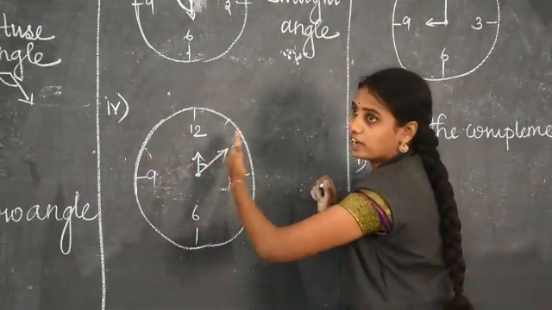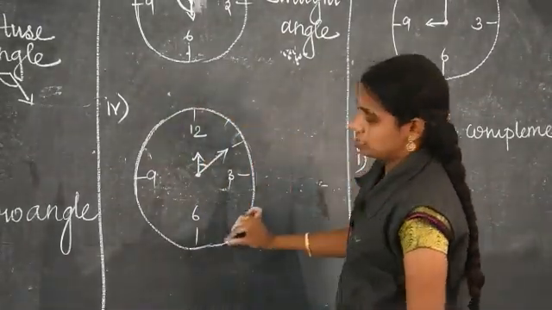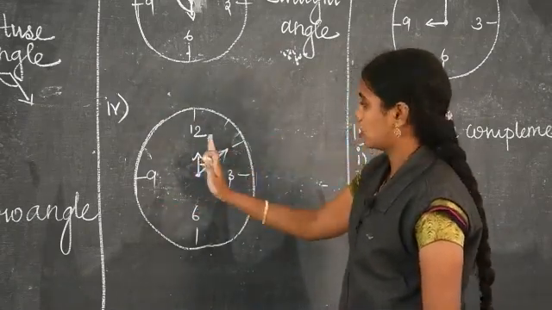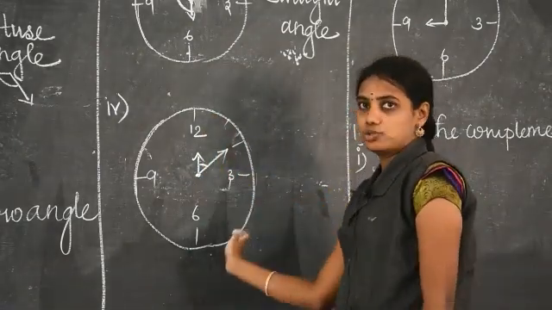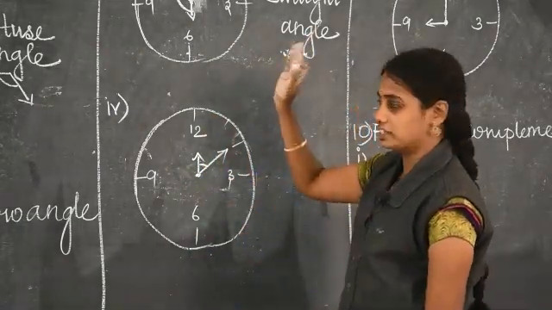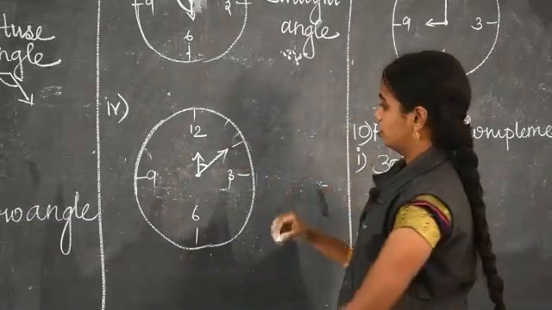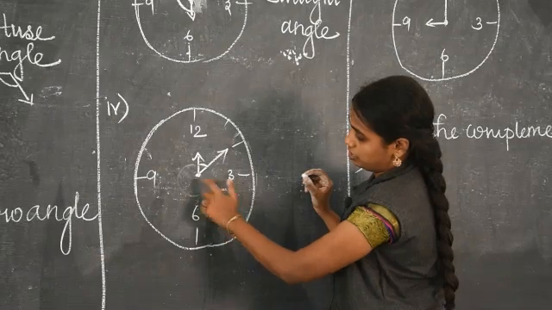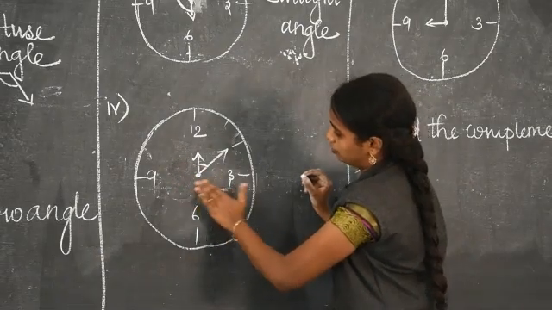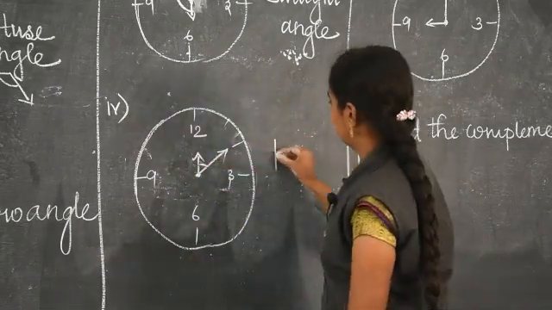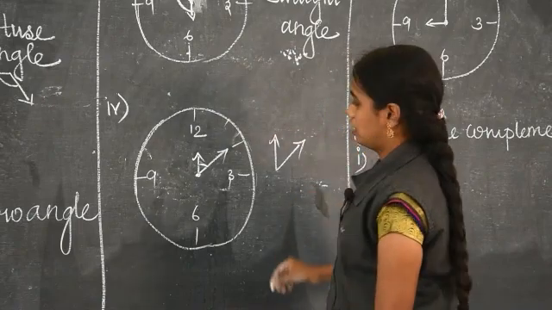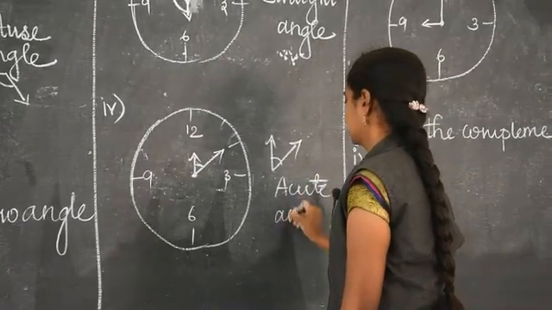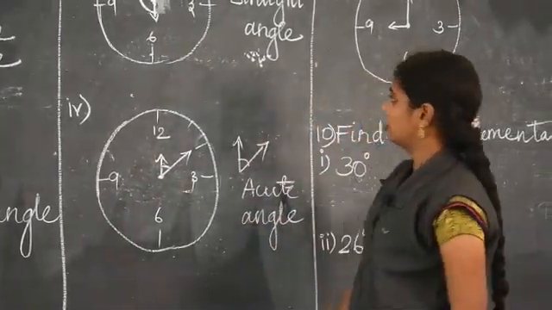It will not move anti-clockwise. So here you have to measure the angle. Don't measure it here, that is wrong. So the angle is like this. It is an acute angle. Less than 90 degrees means acute angle.